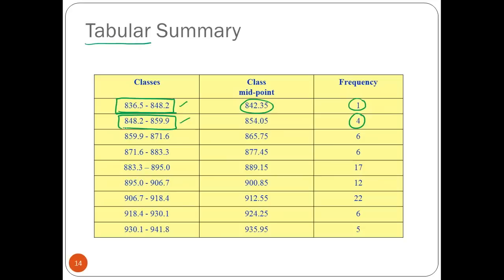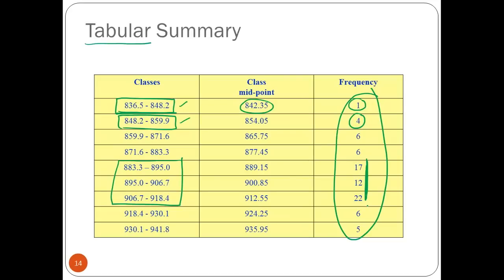Looking at the distribution of these frequencies, you can see that most of the values are concentrated somewhere around these 3 groups between 883 and 918. Compared to the previous slide where you have raw data, this tabular summary is more informative because you can see what's going on slightly more clearly.